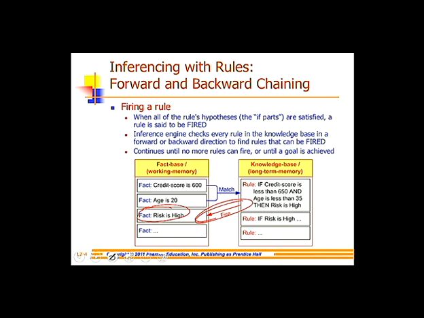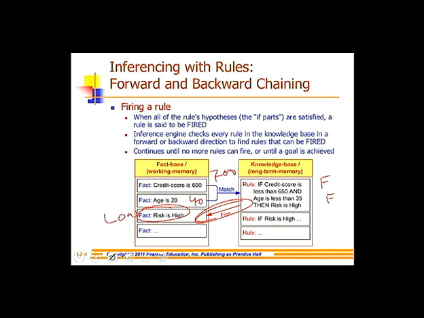Now let's say the credit score was 700, or the age was 40. In this case the clauses are false, so the fact stored will be risk is low.